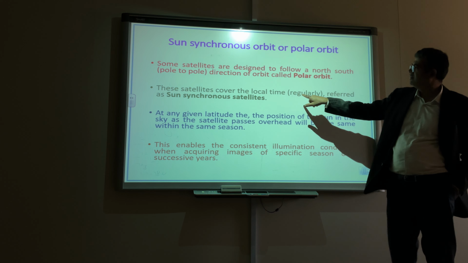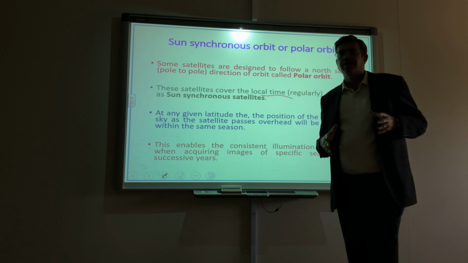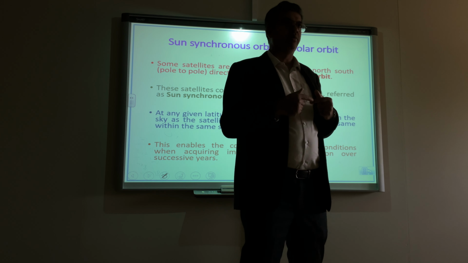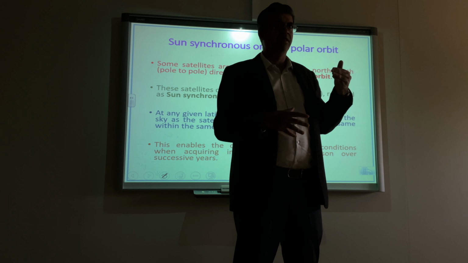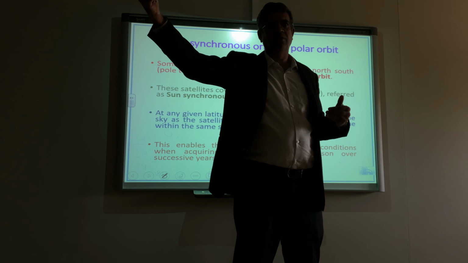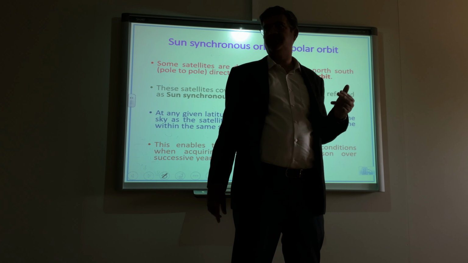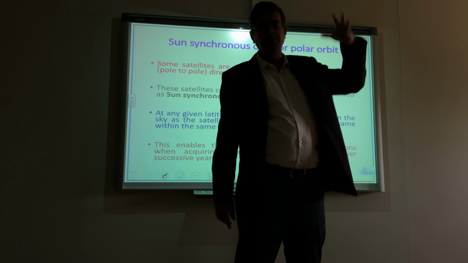These satellites cover the local time regularly. Means since it is in the polar orbit, you have the satellite which is at 10 a.m. today over Riyadh. Tomorrow at 10 a.m. it will not be over Riyadh, it will be at some other location because it is not a geostationary satellite. If it was a geostationary satellite, it would always be in the same position.